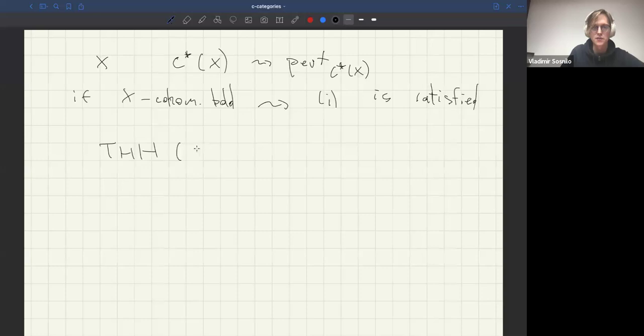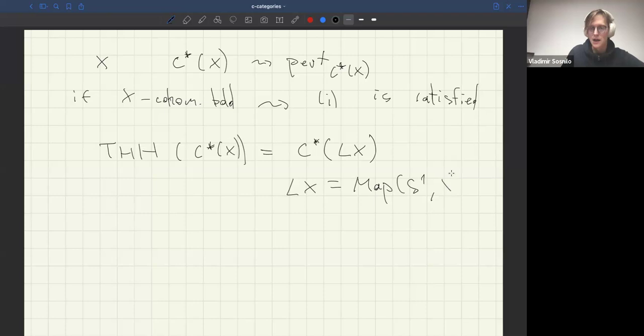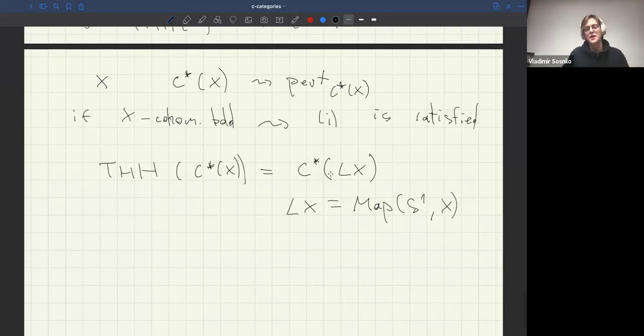So we know that THH of C star X is the same thing as C star of LX, where LX is the unpointed loops of X. And these, of course, can be highly non-connective, because, well, if you have S2, then this contains as a summand the loop space of S2, and this is huge.